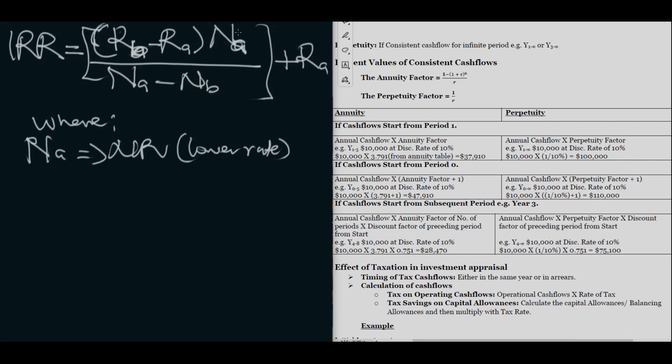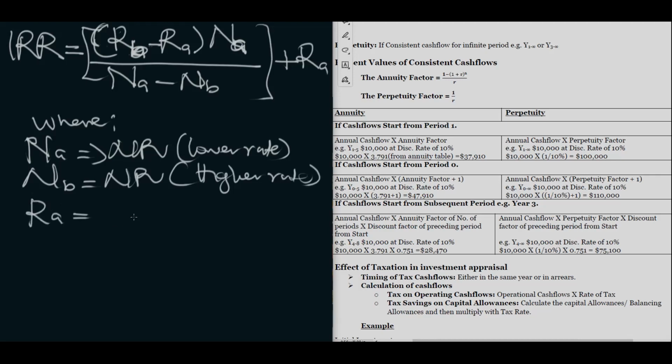If you have something here, that same rate should be what is here as the rate. So NPV of the lower rate, if you have NB, that's NPV of the higher rate. And RA being the lower rate, so RB will be the higher rate.